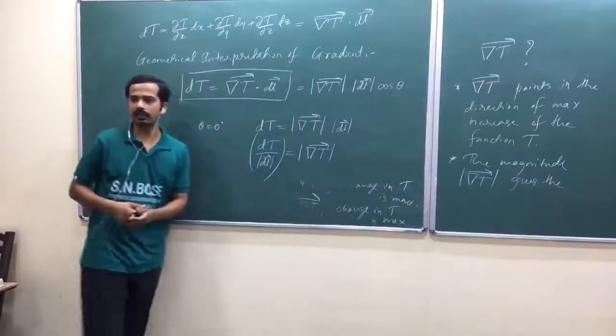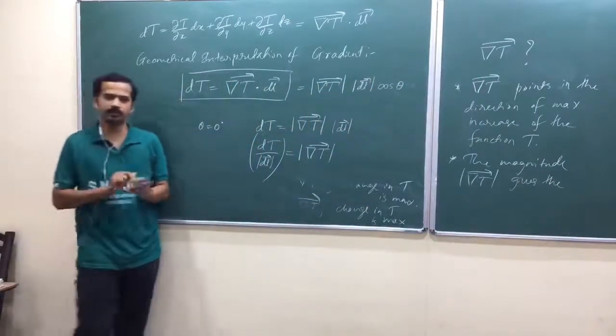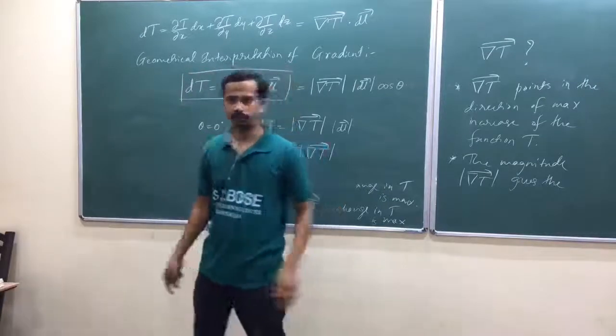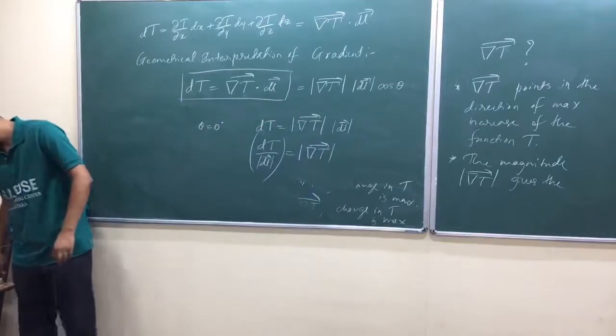I should not say rate of change. Whenever I say just rate of change, the time parameter will come usually. Okay, you better write rate of increase.